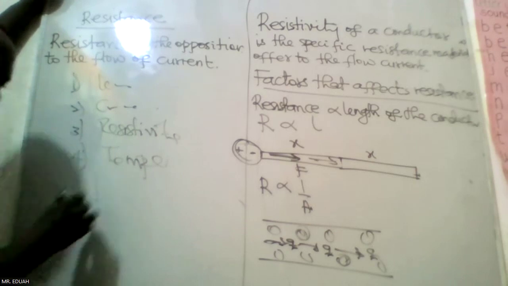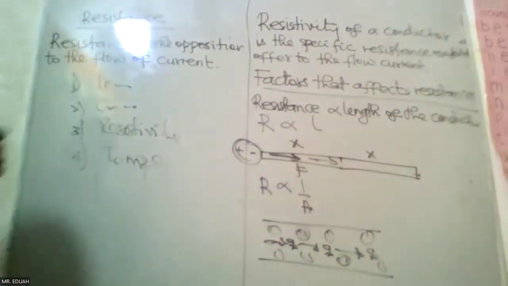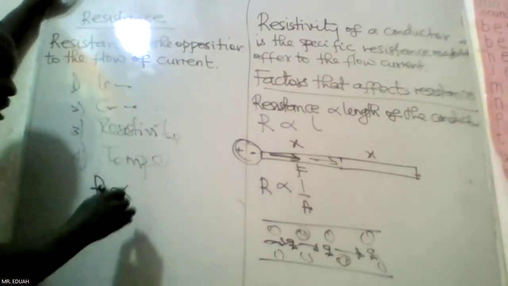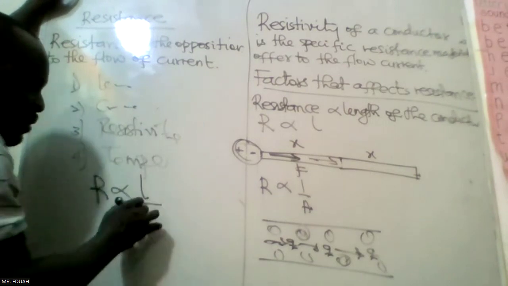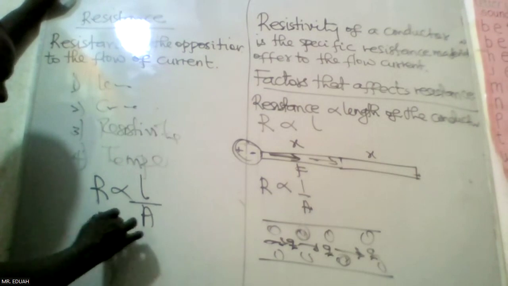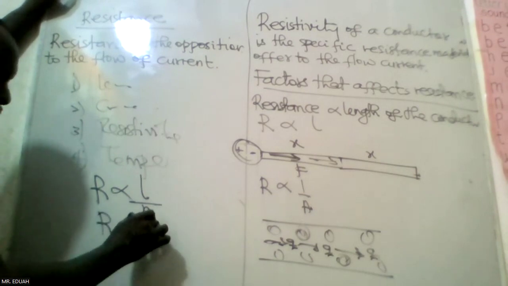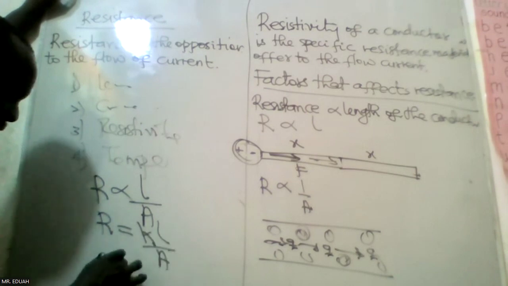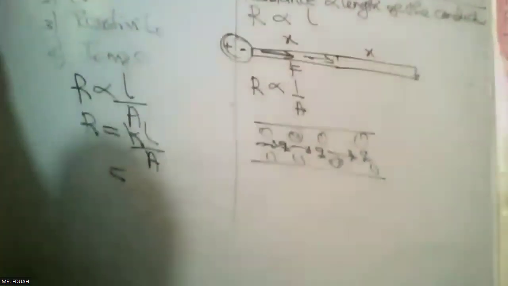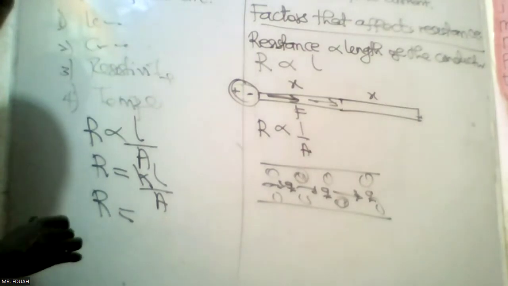In fact, some of them are not physical. So when we bring together those physical ones, we have resistance directly proportional to L, inversely proportional to A. If we equate it, we have R is equal to a constant of proportionality K, L over A. This constant of proportionality is the resistivity, which is the specific resistance offered to the flow of current.